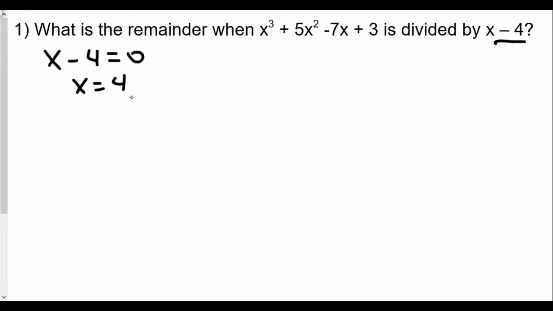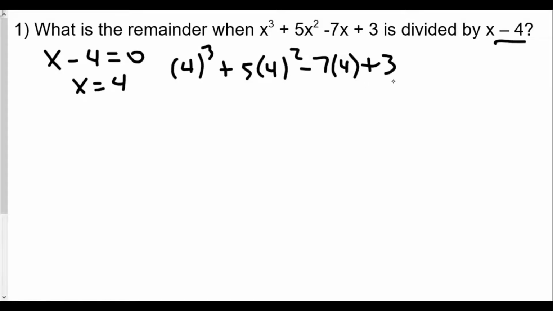So we're going to plug in our 4 here. We set the factor to 0, solve for x, and then plug in. So now we plug in 4 to the 3rd plus 5 times 4 squared minus 7 times 4 plus 3. Now you may use your calculator to find this, but when you do, please make sure that you use parentheses around your number.